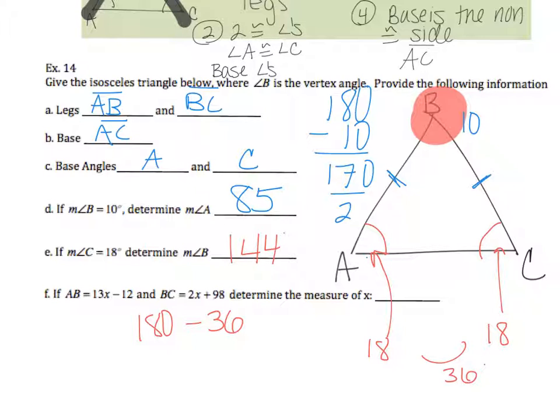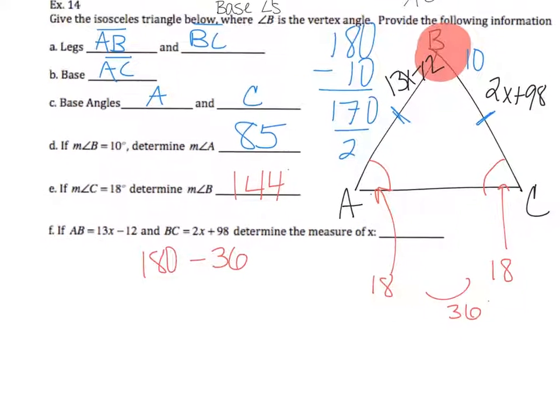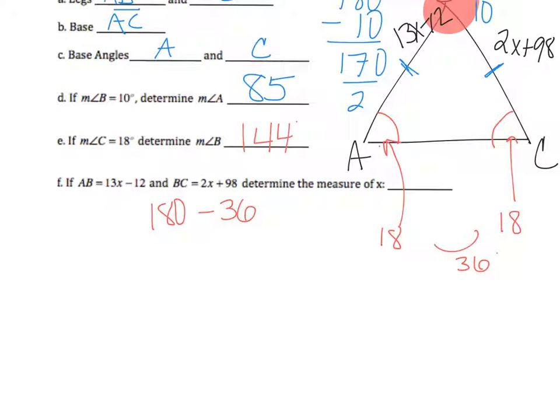And last but not least, it says in part F, AB equals 13x minus 12, and BC is 2x plus 98. So if I go ahead and write that in my picture, I noticed that I labeled those two on the same side, the sides that are congruent. So if they're congruent, we also know that those are equal.